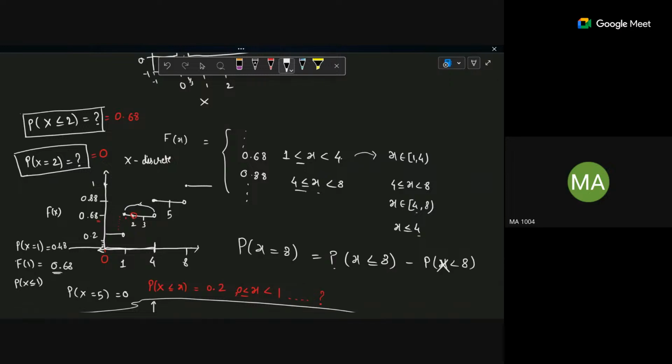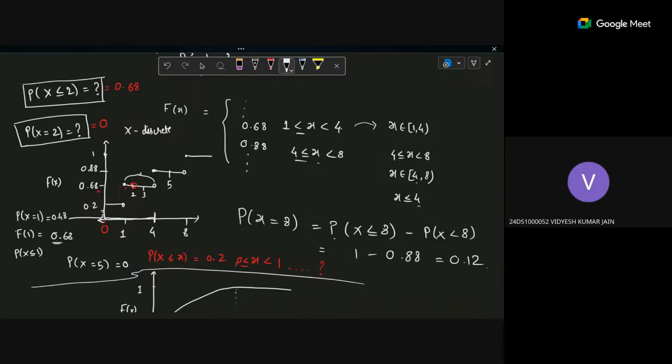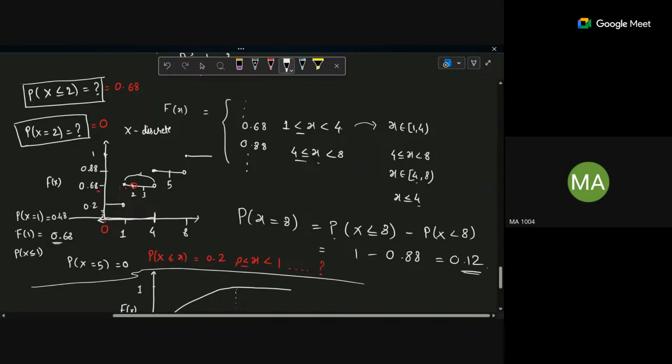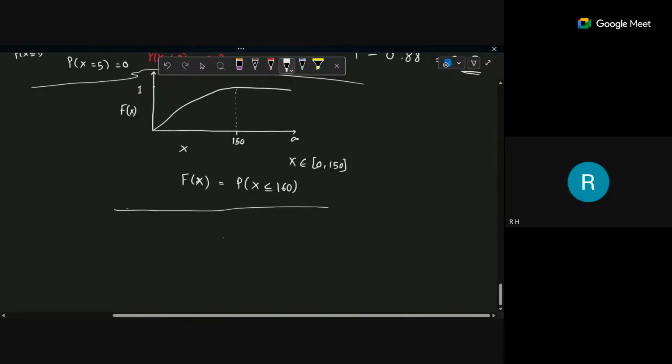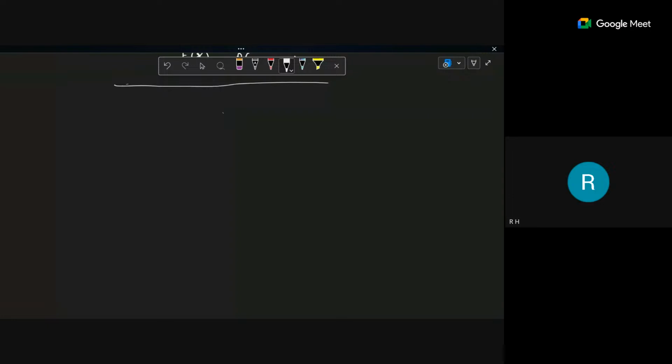So what is the probability x less than or equal to 8? 1. And what about x less than 8? 0.88. So 1 minus 0.88 is 0.12, right? So it is getting the difference. Should I take one more example like this? Take one more example, then I think this concept will be pakka. Okay, sure.